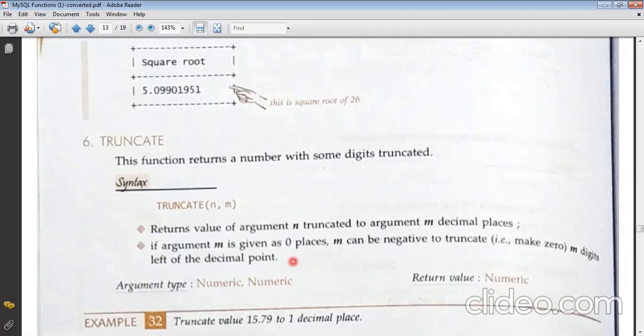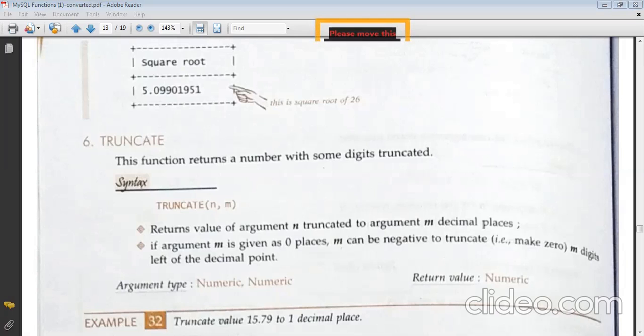And in case m is negative, what will happen? What do we generally do in the round function if m is negative? Those who were present yesterday, what do we do in that case in the round function? Anyone?